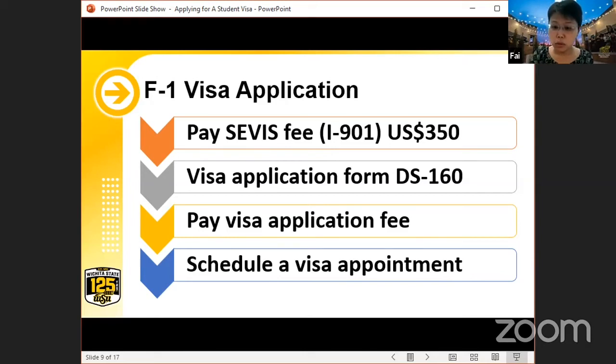And now the US government, US embassies, take emergency visa appointments for F1 students. In that case, after you receive a visa appointment, you can request to change it to an emergency appointment so that you can get your appointment before school starts. So that's how you apply.